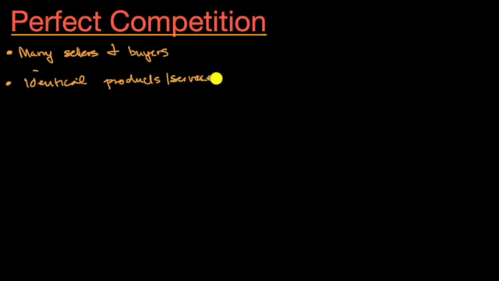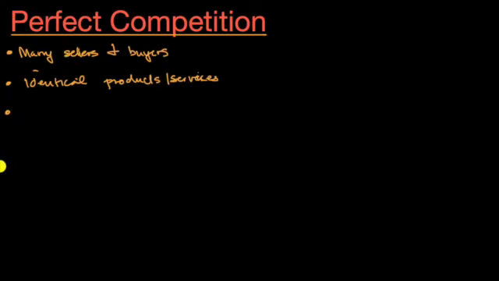Now, this one seems a little bit harder because even when you can imagine a fairly competitive market, does everyone sell exactly the same thing? Well, you can imagine certain markets, maybe the market for water, or maybe the market for some type of energy, or maybe the market for produce gets pretty close to identical products or services.